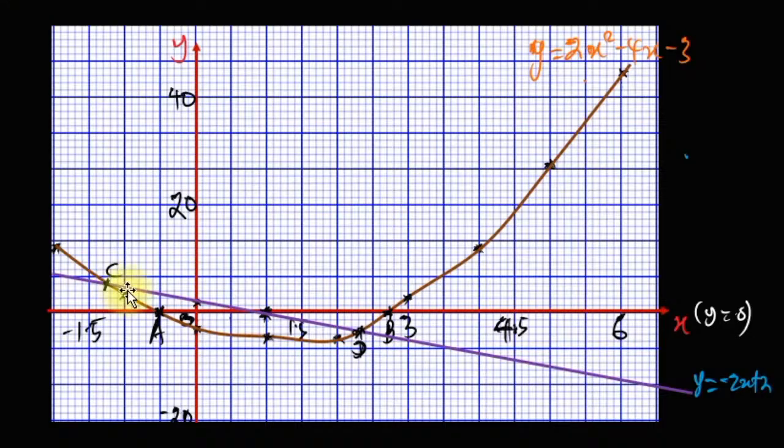So let's trace down. This is 1, 2, 2.5. That's 5, 10, 11, 12, 13. So 13 grid lines. So that's minus 1.3.